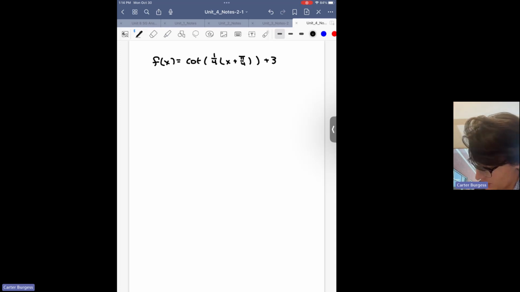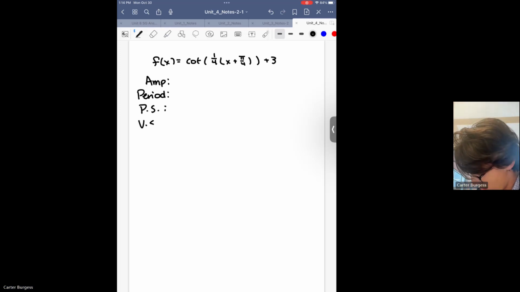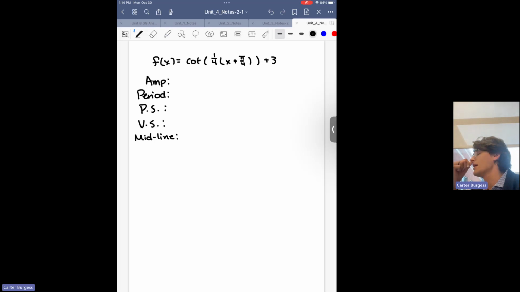As far as information, we are looking for the amplitude, the period, the phase shift, the vertical shift, and the midline.